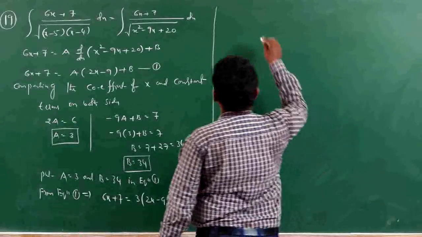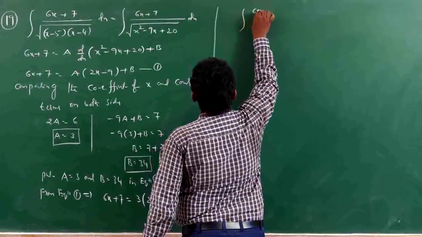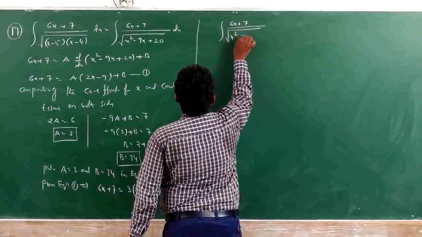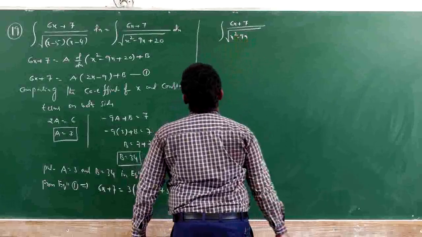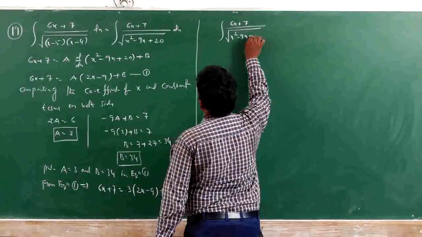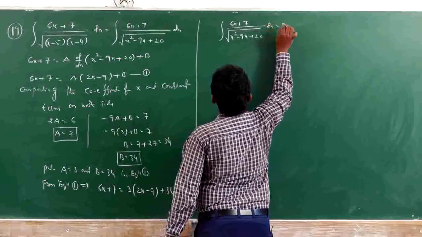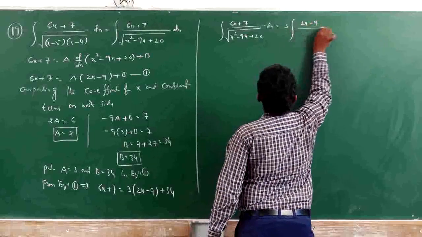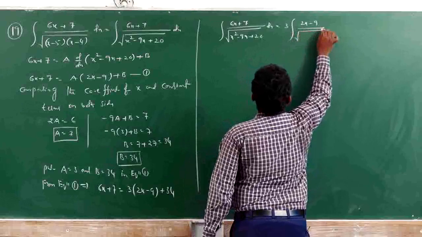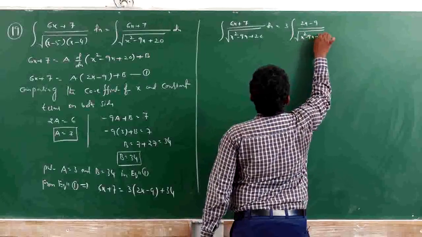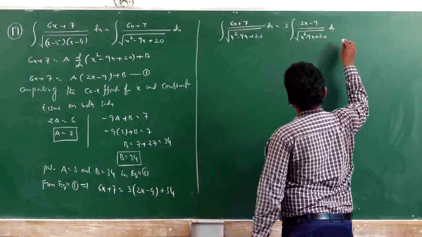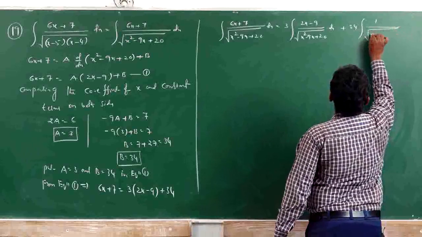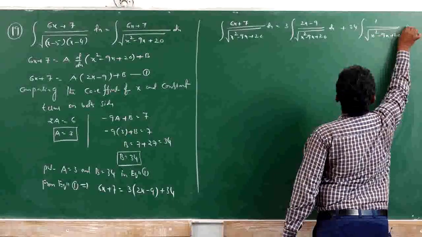So that's why what we write on here: integral of (6x + 7) by square root of x squared minus 9x plus 20 dx is equal to 3 into integral of (2x - 9) by square root of x squared minus 9x plus 20 dx plus 34 integral of 1 by square root of x squared minus 9x plus 20 dx.